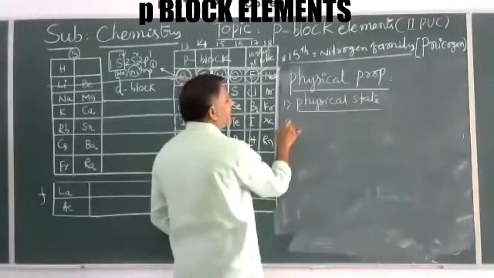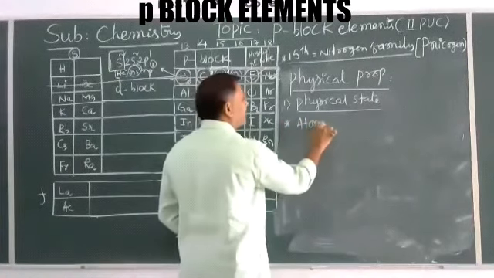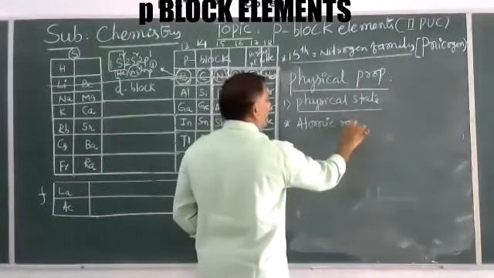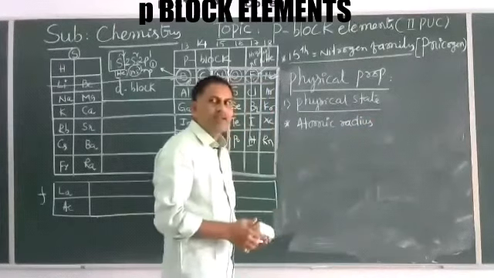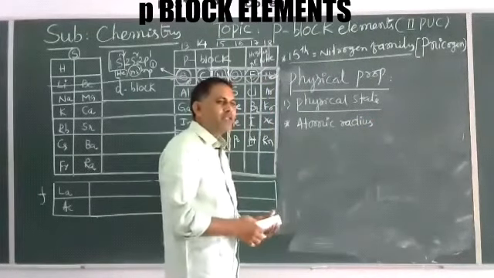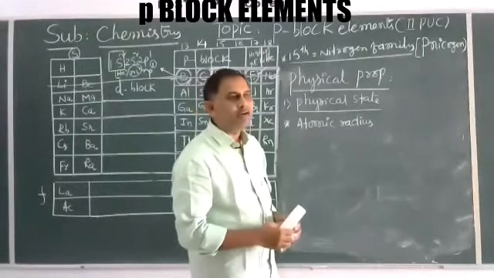Before that, the next important point is atomic radius. We know already from 11th standard the types of radii: covalent radius, van der Waals radius, ionic radius.